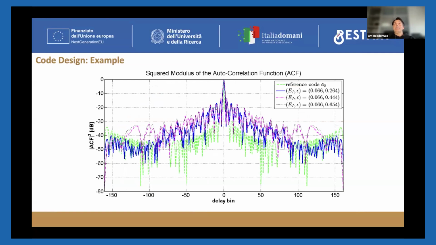We can observe that better SINR values, spectral compatibility, and interference rejection are swapped for worse and worse range resolutions and/or integrated side lobe level or peak to side lobe level values. In fact, we can notice that increasing epsilon, we have a progressive reduction of the performance in terms of autocorrelation features.